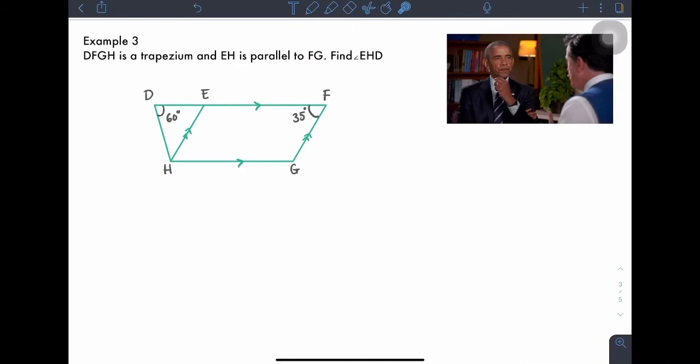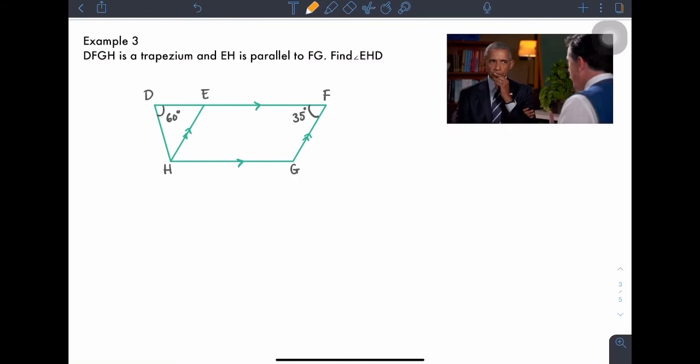This angle here plus this angle here gives 180 also. And this angle here plus the angle here will also give 180. So in other words, using the parallelogram properties, the opposite angles will give you the same value. That is the property of parallelogram.